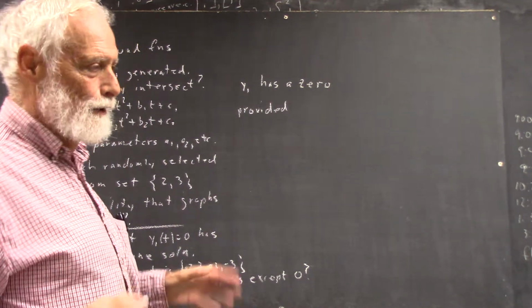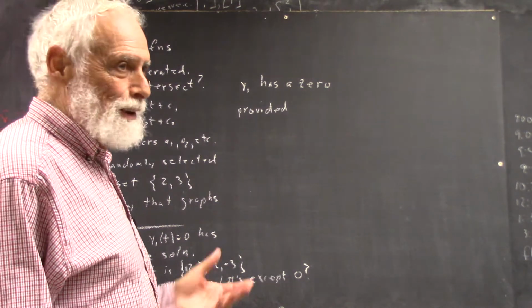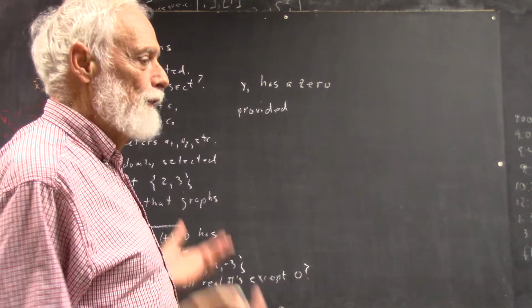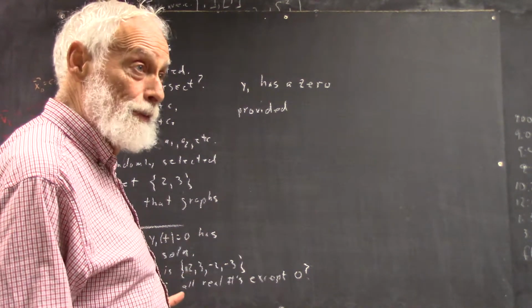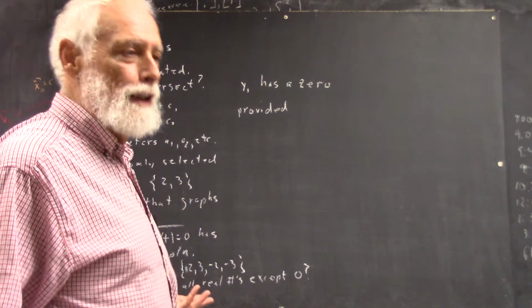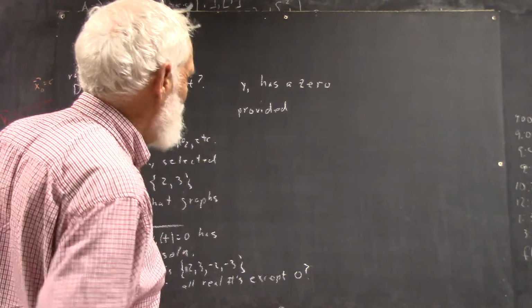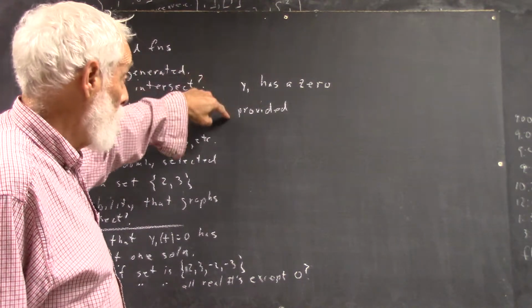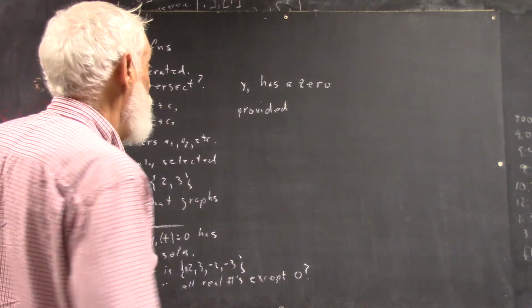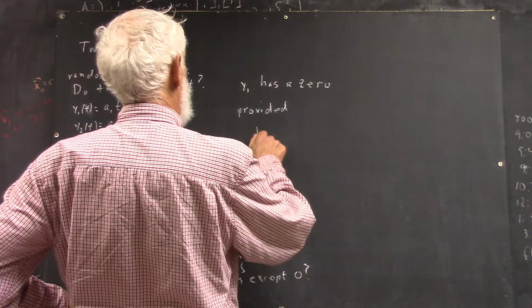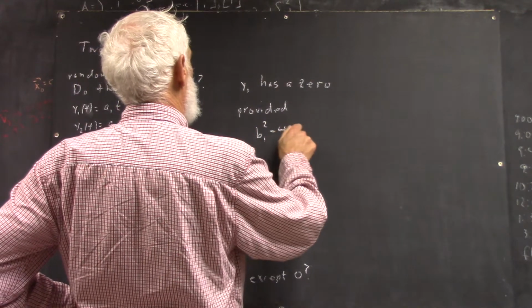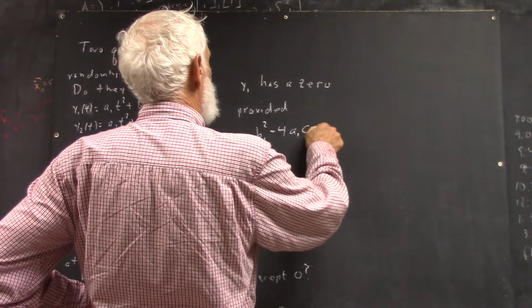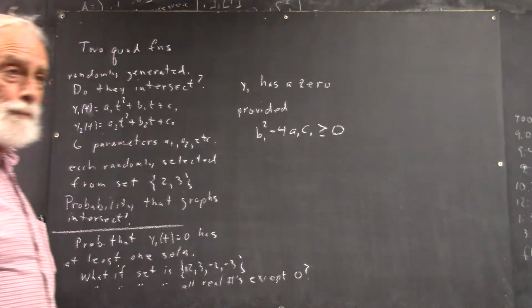By the time you get to multivariable calculus, if you haven't used the quadratic formula so many times that you couldn't forget it if you tried, you probably haven't done enough problems, and that's probably because you haven't been assigned enough problems. Anyhow, y1 has a 0 provided what? That b1 squared minus 4a1c1 is greater than or equal to 0.